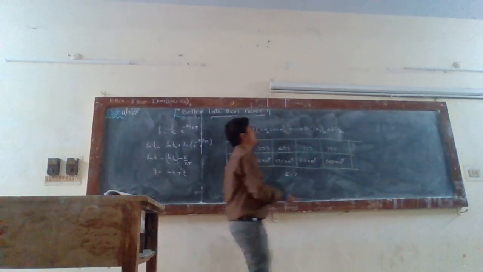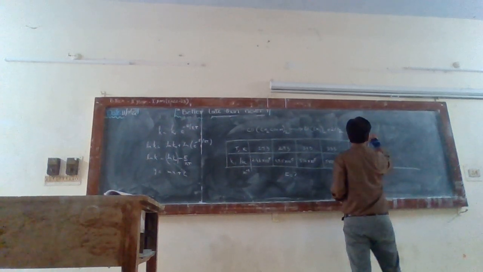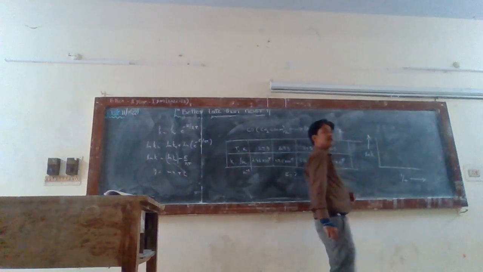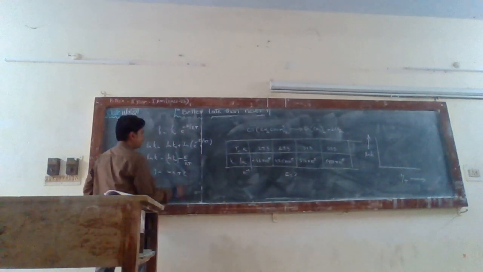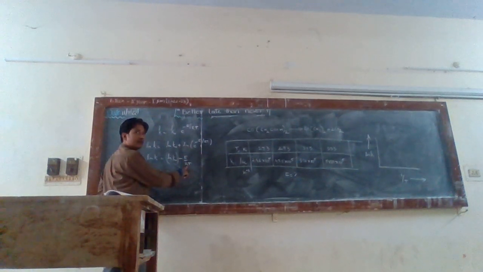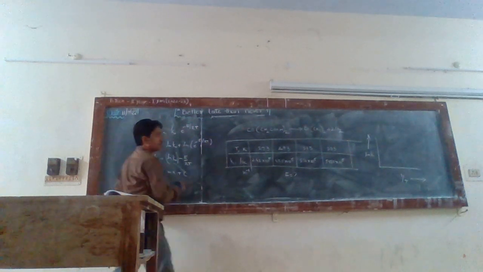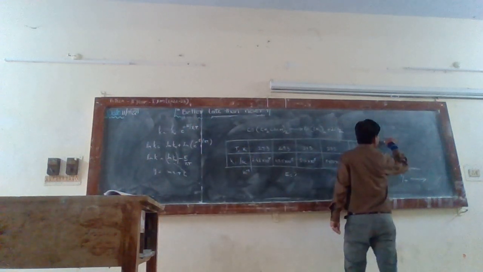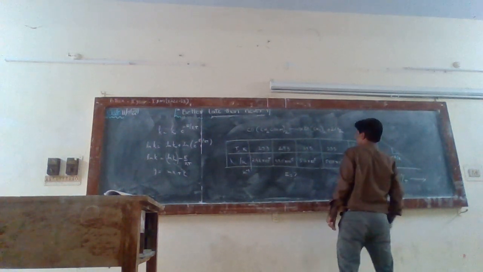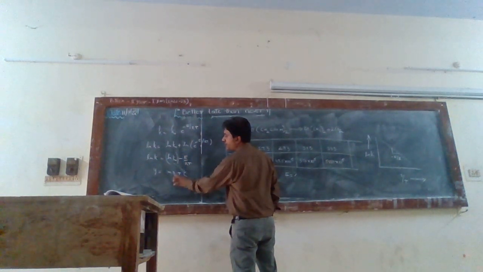That means if I draw a curve, I am drawing 1 by T, because E by R has the negative sign, so I am keeping it in the m. So I will get a curve like this with slope equal to minus E by R. Is it not? Minus E by R, because 1 by T I am drawing in the form of x.